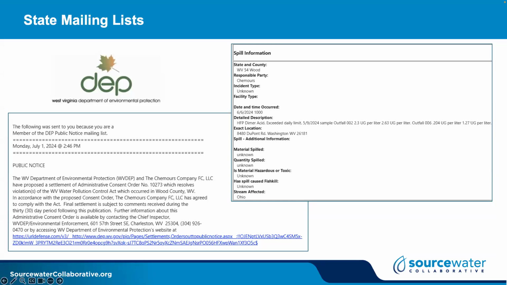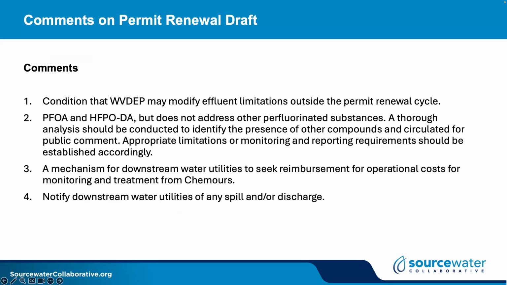I will just mention real quick here that in the next slide, I'm going to go into a specific example from commenting on a permit, but we also utilize one of these lists, not specifically to comment on a permit, but to be able to track and see spill events that were happening from specific PFAS dischargers upstream, to be able to comment to our regulatory agency about the concerns that we had for their frequent spills related to PFAS. So just one example.